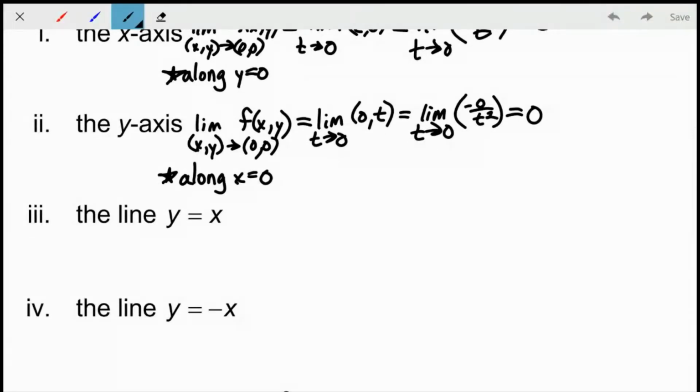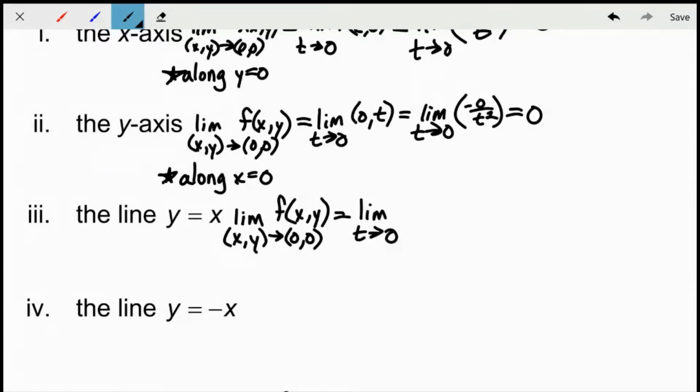Now let's go along the line y equals x. Again, I'm going to take the limit as (x, y) approaches 0, 0. I know it's tedious to keep rewriting this, but it's helpful because you get used to writing and reading the notation. Remember, along y equals x, the x and y values are always the same. This is where substituting the t in becomes really useful, because we're substituting this parameter in to turn this into a single variable limit.